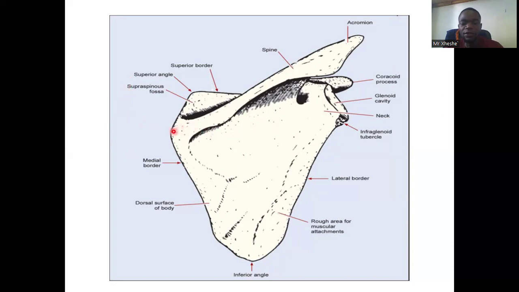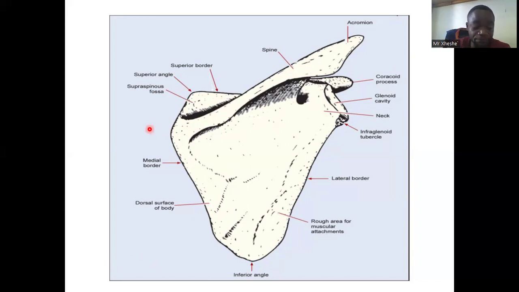It's at the same level with the 3rd thoracic vertebra. And I'm emphasizing, you mark those numerical values I'm mentioning. Inferior angle is at the same plane with the 7th thoracic vertebra, whereas the origin of the spine of the scapula, which is here, is at the same level with the 3rd thoracic vertebra.